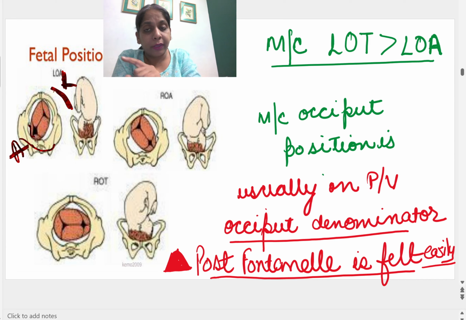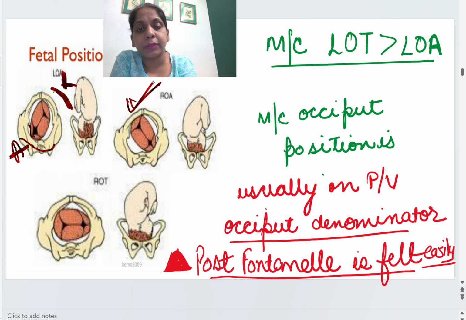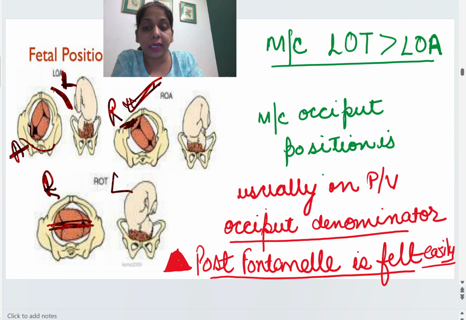So this first one is left occiput anterior, and the next one in the PV is right occiput anterior, and the one which is below is the right occiput transverse. This is right occiput anterior, because the occiput is anteriorly in the right direction, and here the occiput is transverse, on the right side, so it is right occiput transverse.